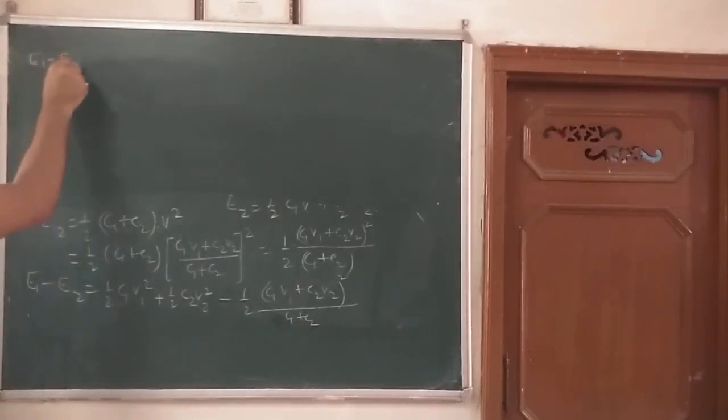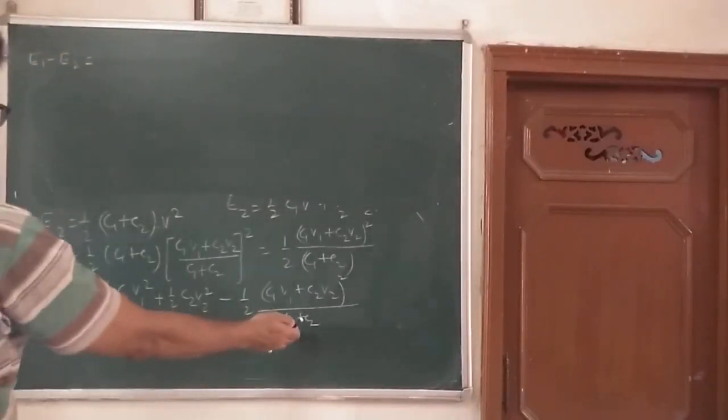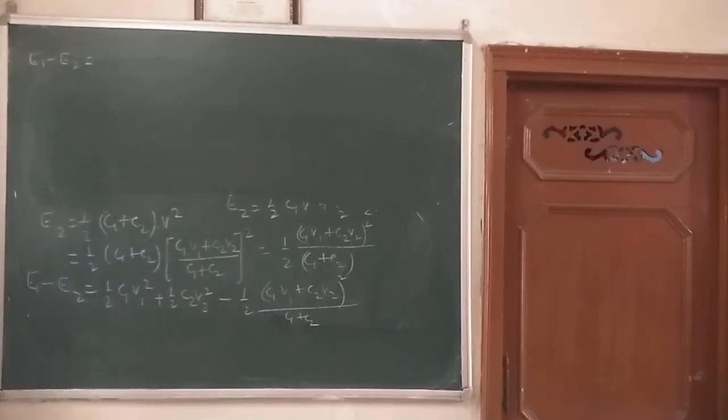E1 minus E2, here take LCM of C1 plus C2. So what is going on here?